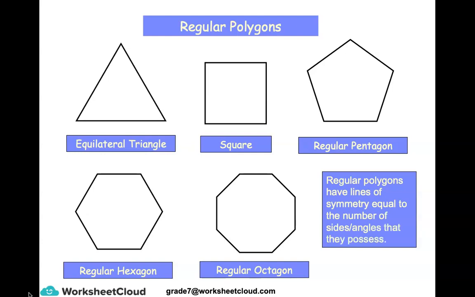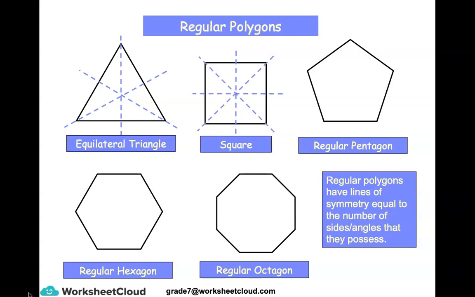Regular polygons have lines of symmetry equal to the number of sides or angles that they possess. Remember, in regular polygons all sides and all angles are equal. So an equilateral triangle has 3 lines of symmetry. A square, with 4 equal sides and 4 equal angles, has 4 lines of symmetry.